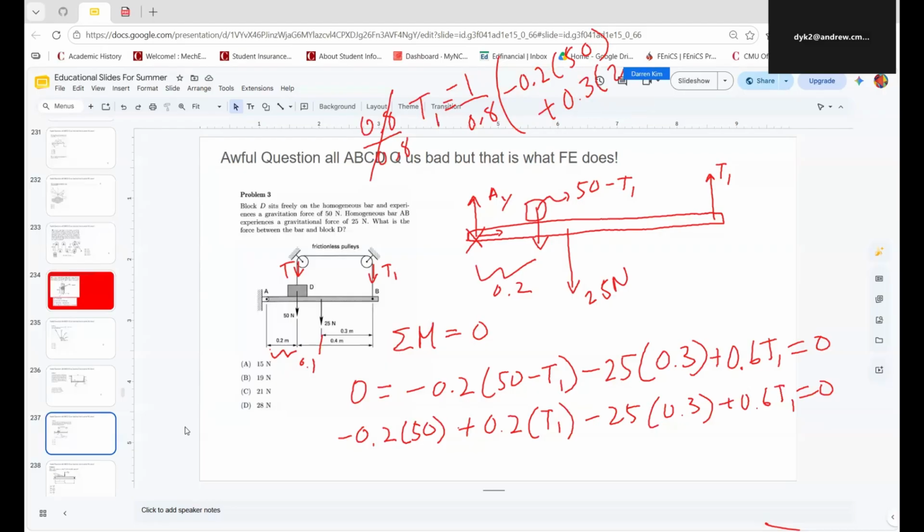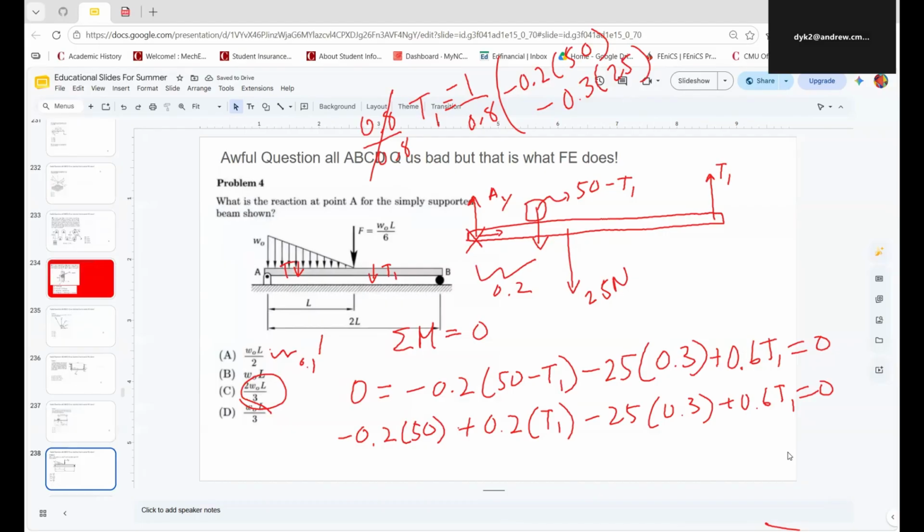That should be it. 1 divided by 0.8, negative 0.2 multiplied by 50, minus 0.3 multiplied by 25. Oh, another syntax error. Who knew? Probably over here, multiplied by negative. Yes, okay, I get 21. I get C, and I think that's the answer. Hopefully I'm correct.